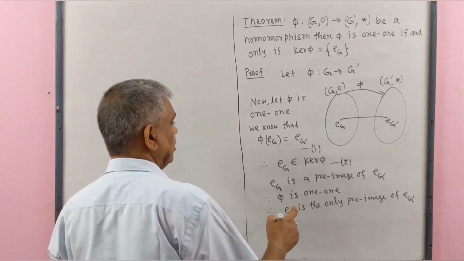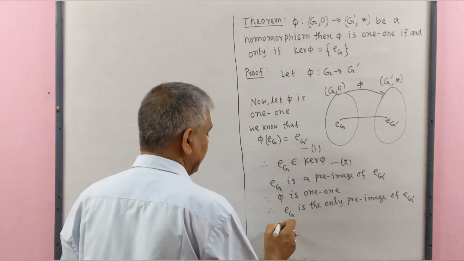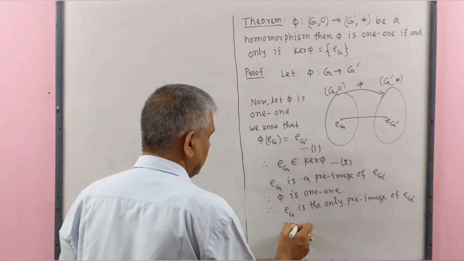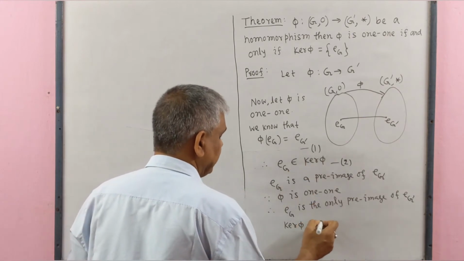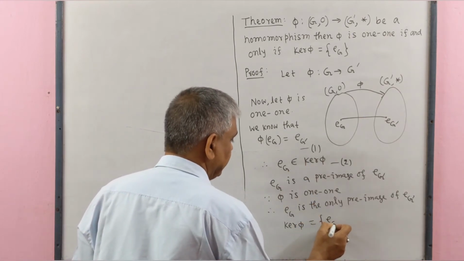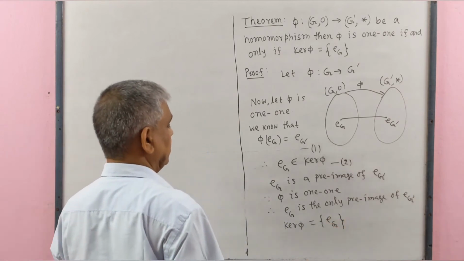Therefore, ker phi contains only a single element, that is the identity element of group G.